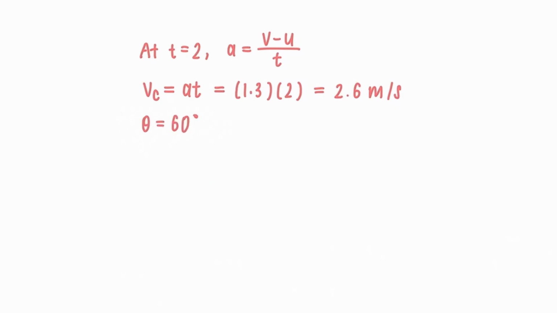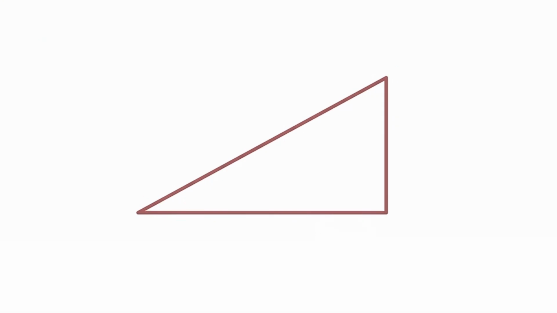The question also states that the angle changed from 45 degrees to 60 degrees. With the increase in angle, it is still a right angle, as your VC is still your horizontal and your VR is still your vertical. So by drawing out the same triangle like we did earlier, with just a change in angle, you can still apply trigonometry.